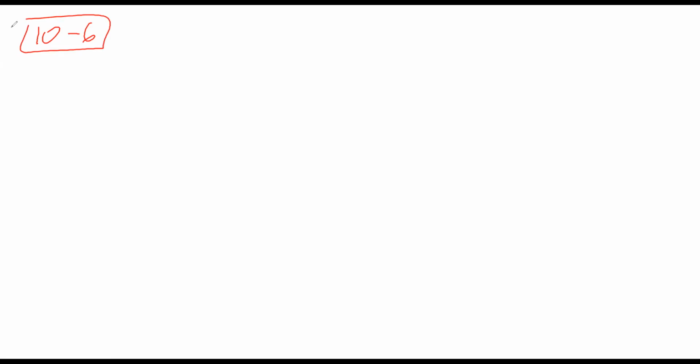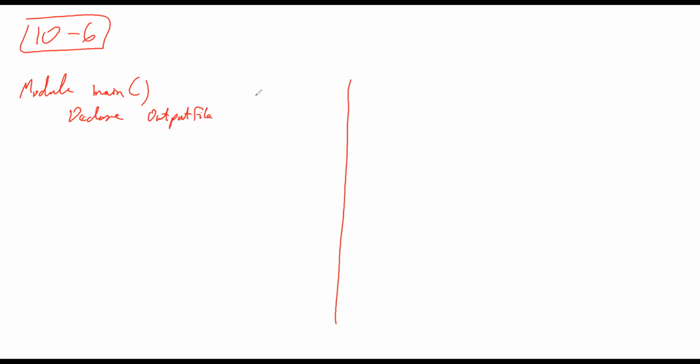All right, so the first thing is, I know it has 2 programs, but we're going to write it in the same program. This is going to be a bit of a long one. So I'm going to do module main, and I'm going to declare a variable, the mode is going to be output file. Output file, I'm going to call it scores file.